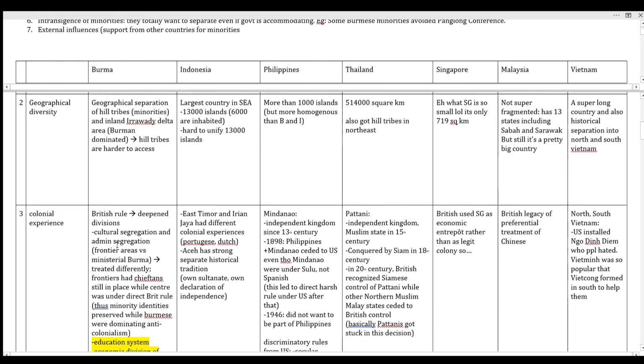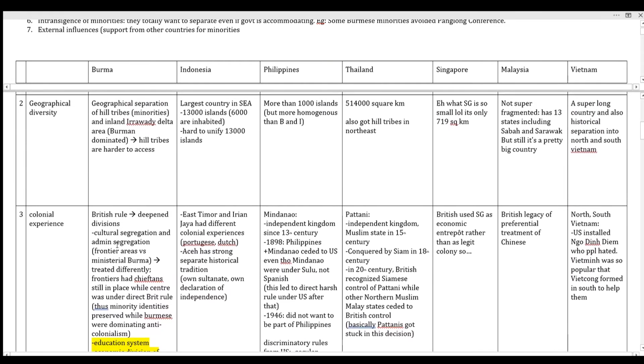Right, so apart from ethnic diversity, we have to look at geographical diversity. That's another very important thing, because if you're managing a country, how big a country is does matter a lot, like whether you can easily go to the edges of your country or not.